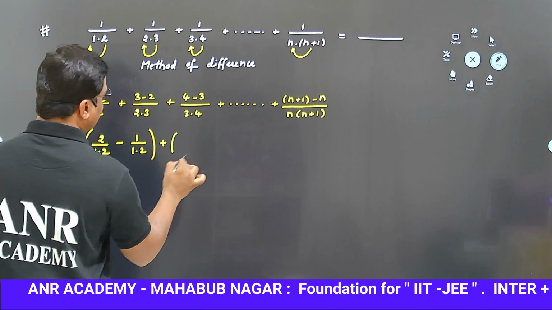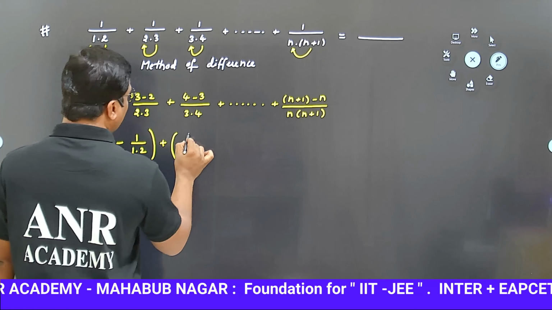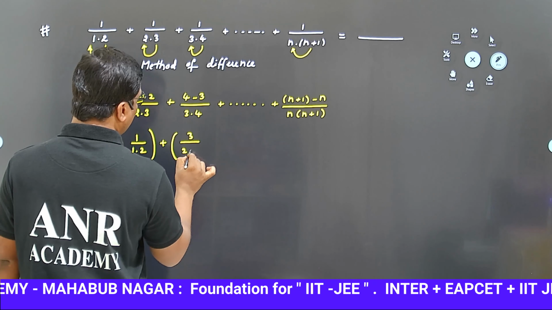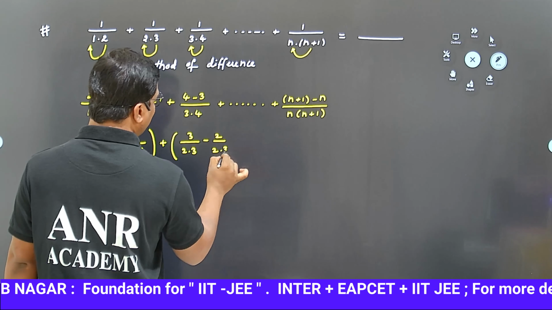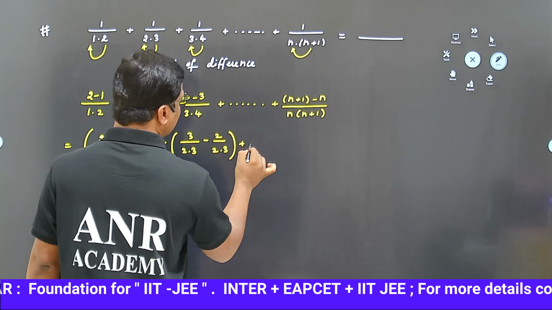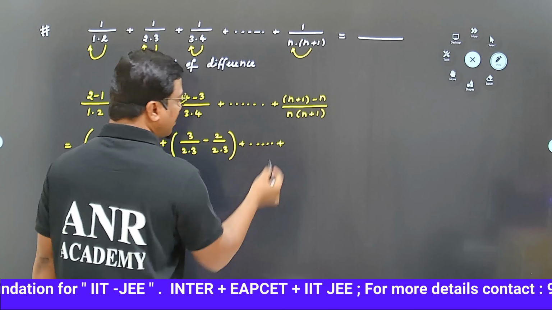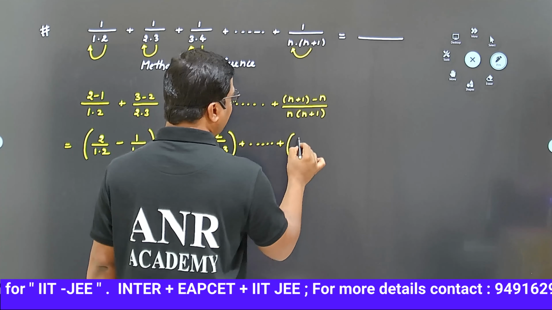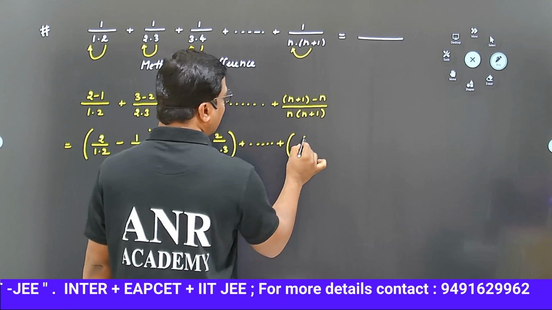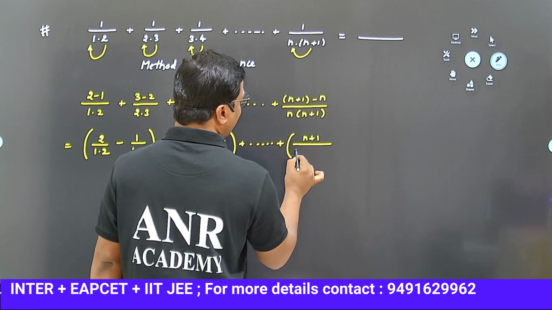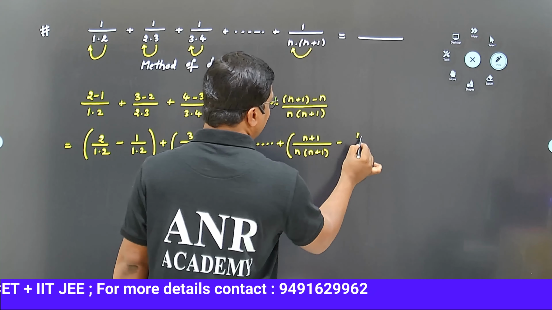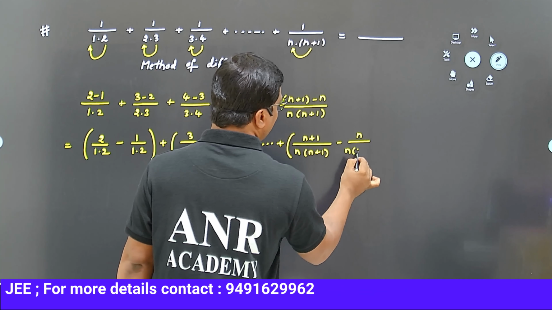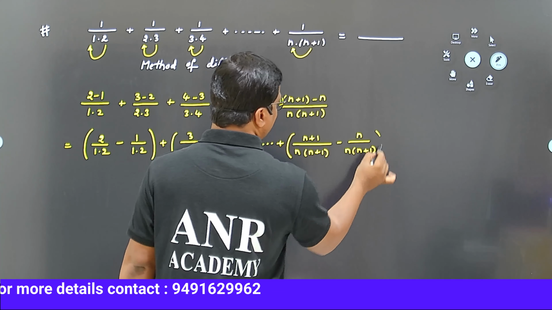Next plus the second term 3 divided by 2 into 3 minus 2 divided by 2 into 3, plus and so on, plus the last term n plus 1 divided by n of n plus 1 minus n divided by n of n plus 1.